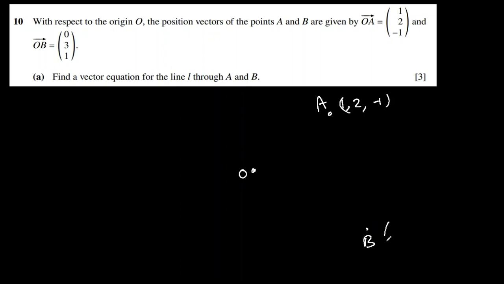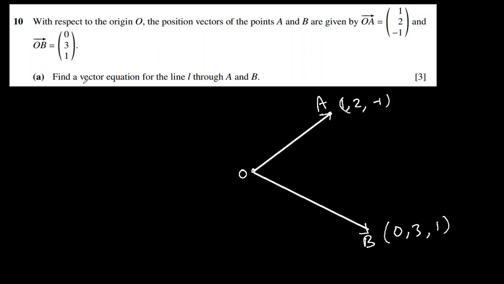So B, OB is 0, 3, 1. I'm writing them in form of coordinates, right? Position vectors also become the coordinates of the head. So that's why I'm writing them in form of coordinates. So these are the vectors we're talking about, OA and OB.